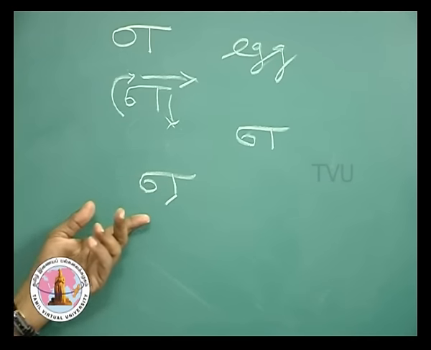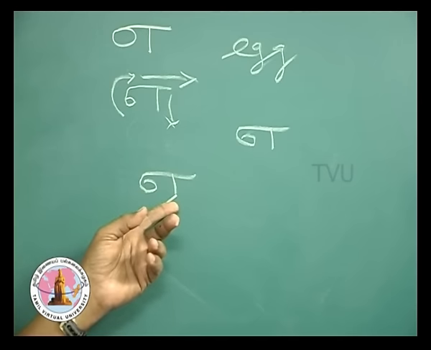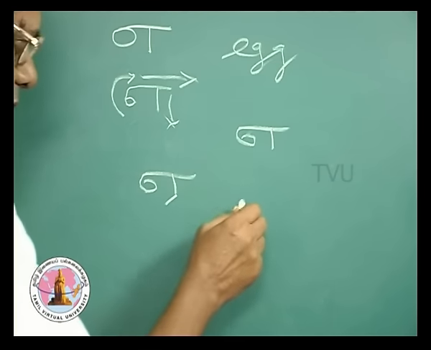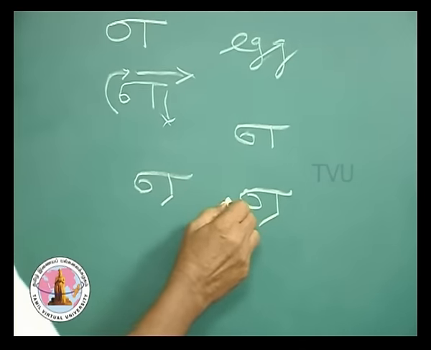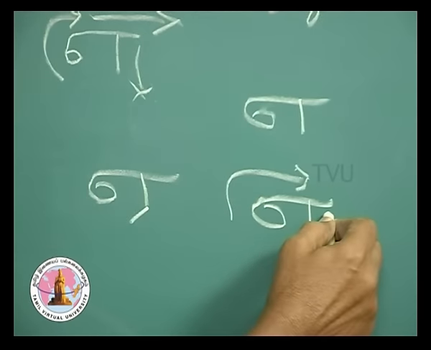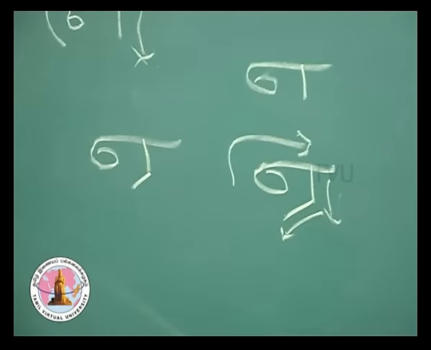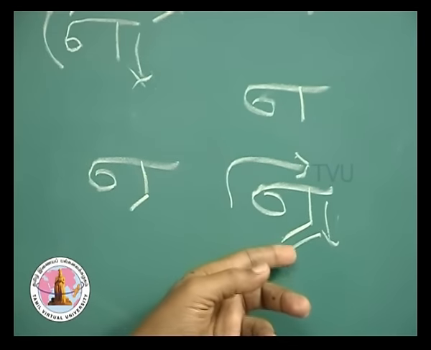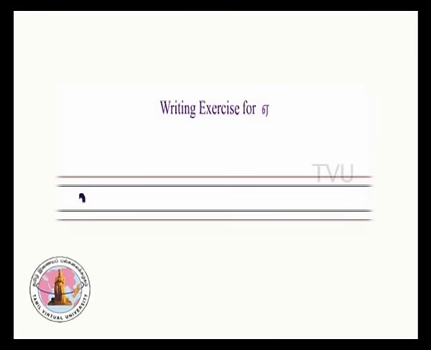As you can say, this is a downward extension of the vertical line. This is written like this, go up, come down and extend. This is A, this is A and this is A, short and long. Now you have to practice it.